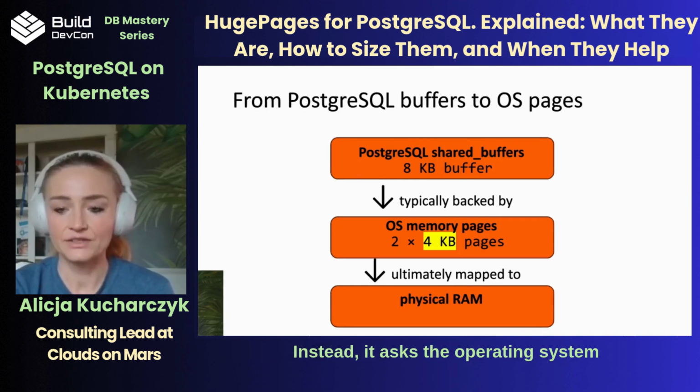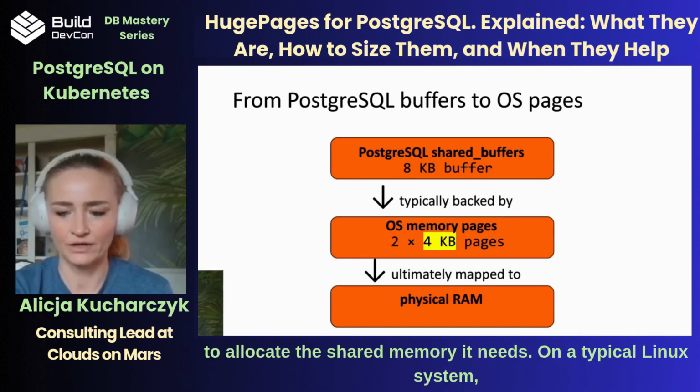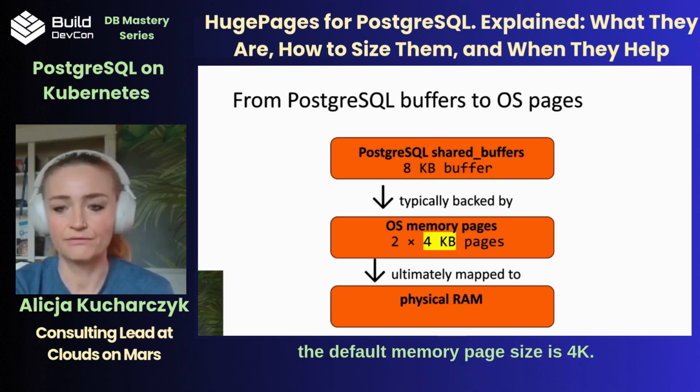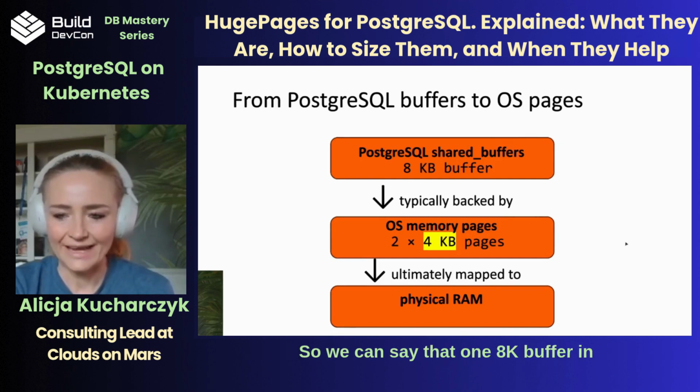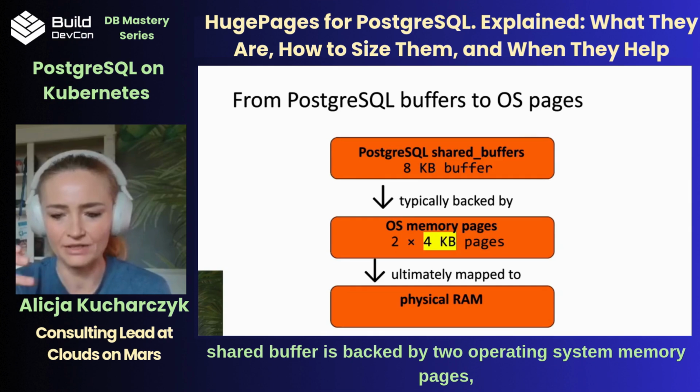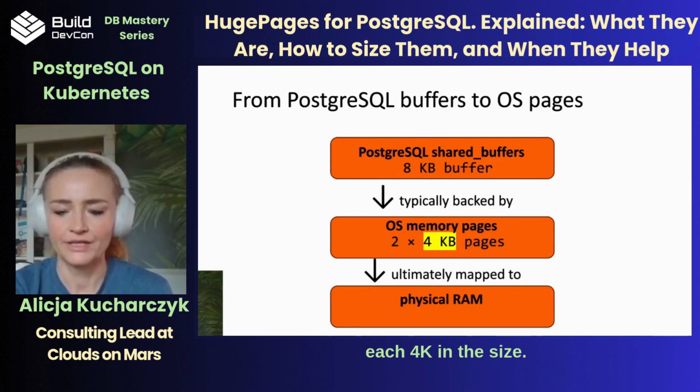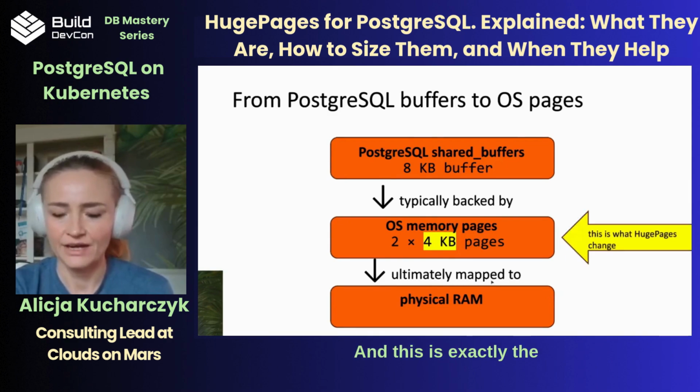Instead, it asks the operating system to allocate the shared memory it needs. On a typical Linux system, the default memory page size is 4K. So this is the middle layer you see on the slide. We can say that one 8K buffer in shared buffers is backed by two operating system memory pages, each 4K in size. And this is exactly the layer where HugePages work.